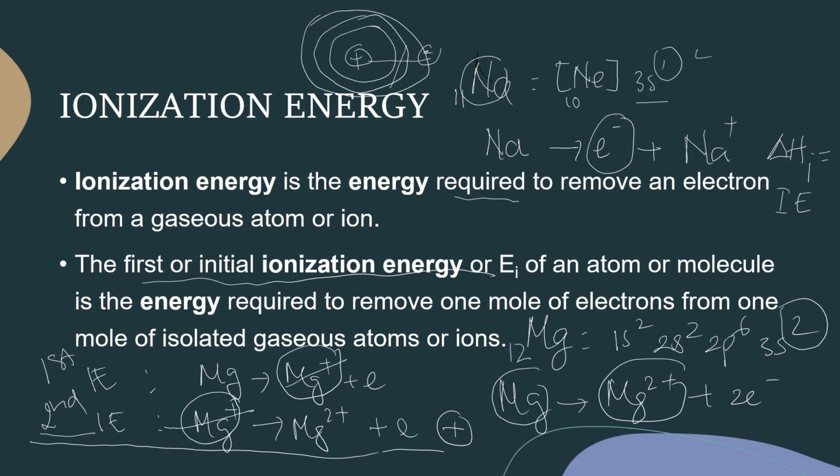On the left hand side of the arrow we have Mg, and on the right hand side of the arrow is Mg2+ plus 2 electrons. So the energy here, or delta H, is the first ionization energy plus the second ionization energy.